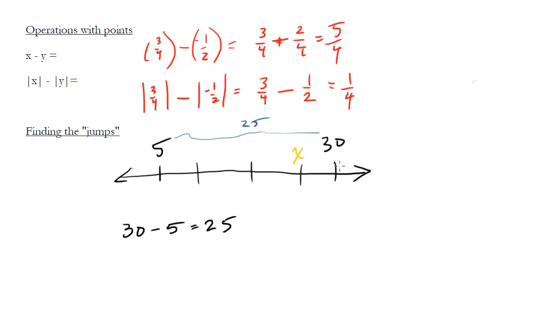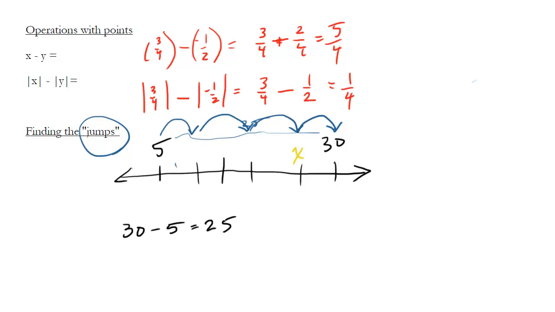Then we count the number of jumps between the two numbers, not the number of hash marks, because that's not quite right, the number of jumps. If you count the number of hash marks, it's going to give you one less. So we count the jumps. Well, how many jumps do we have to get from 5 to 30? Well, it's 1, 2, 3, 4. Actually, let me add another one because I realize this number is not going to work out very well.